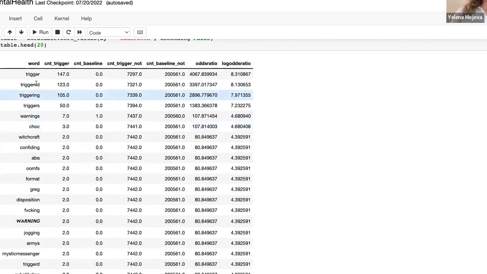And we find things that are associated with triggers: witchcraft, confiding, people swearing, jogging. I'm not sure what this is. Okay, so we find some trigger warnings, probably chocolate.